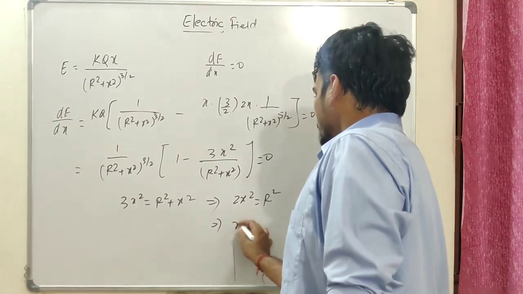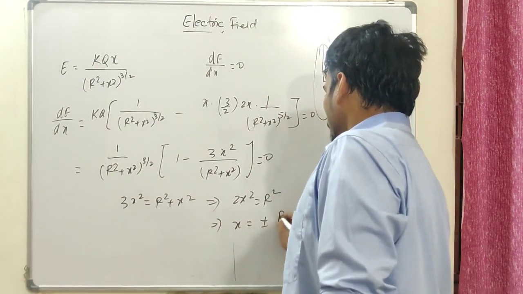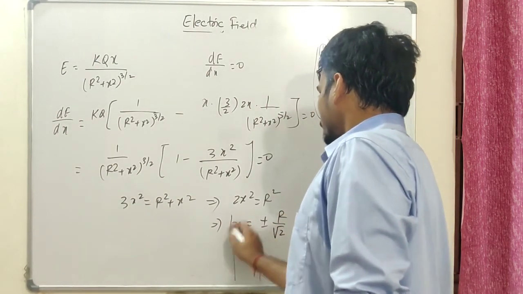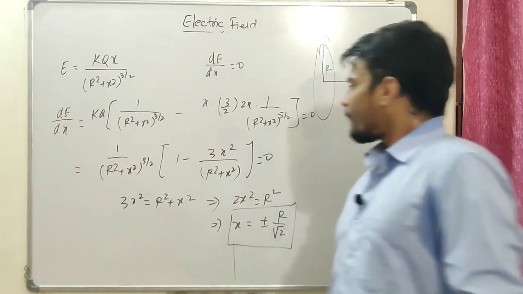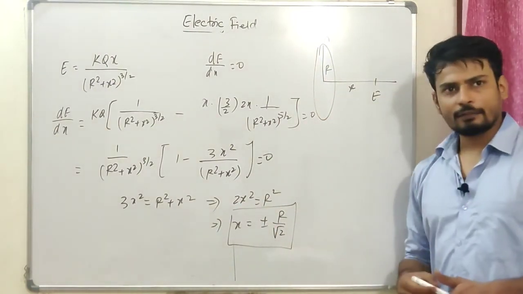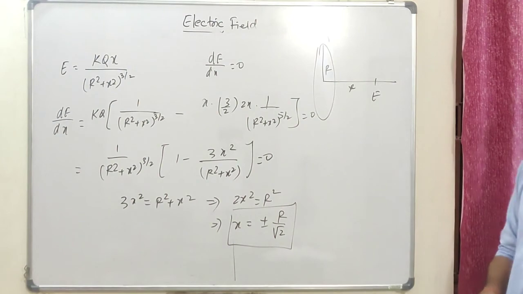So x should be plus or minus r over root 2. So that is the distance at which the electric field is going to be maxima or minima, right?